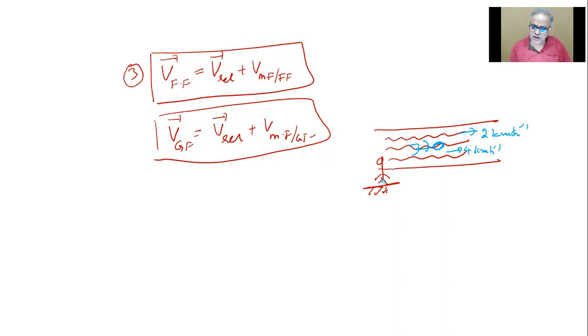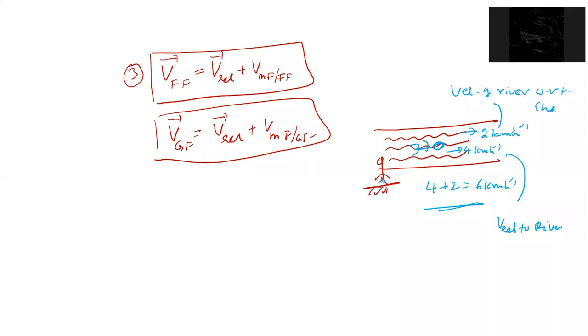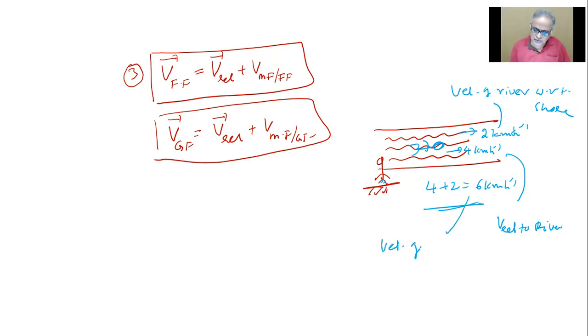So this fellow says that the person is going with 4 plus 2, 6 km/h. This 4 is what? Velocity relative to river. This 2 is what? Velocity of river with respect to shore. And what is this 6? Velocity of swimmer with respect to shore.